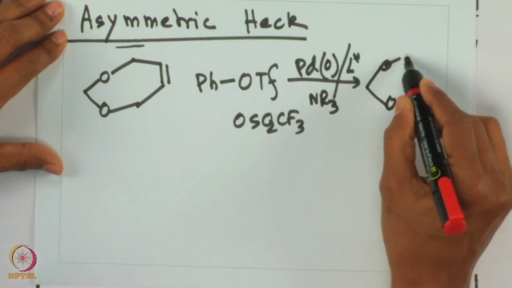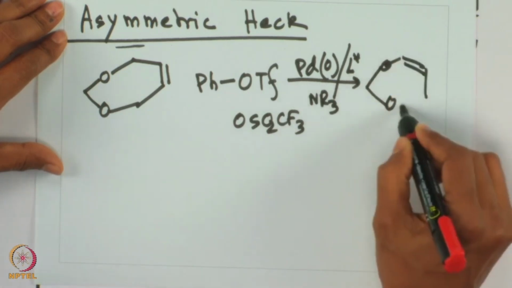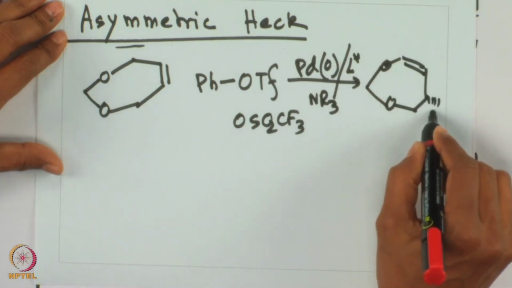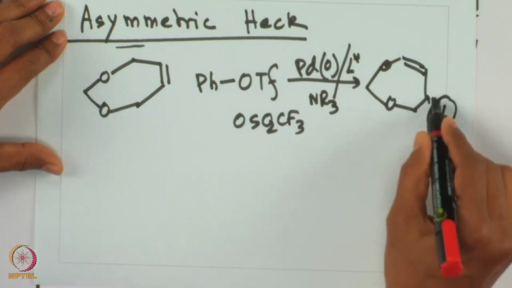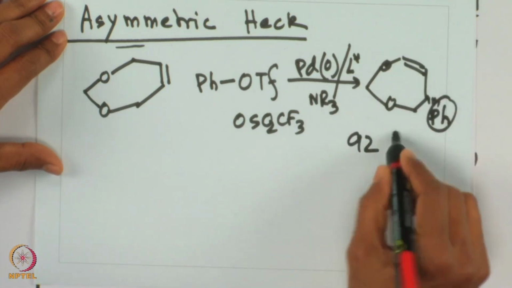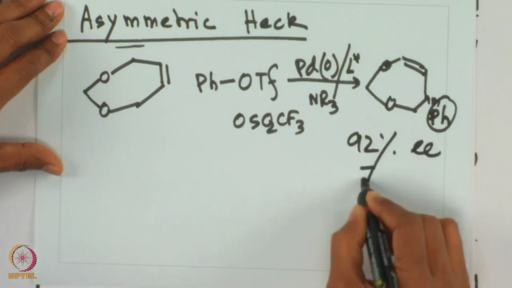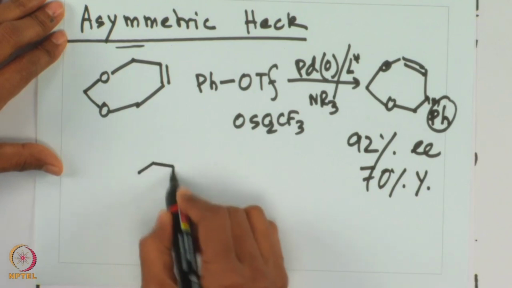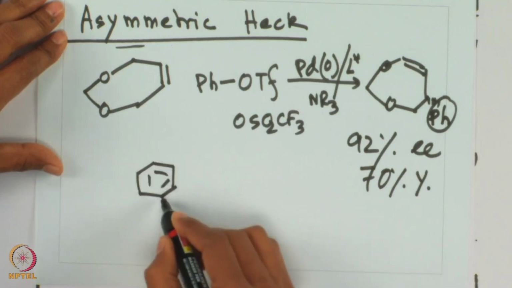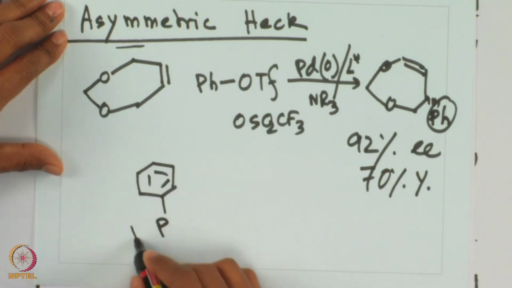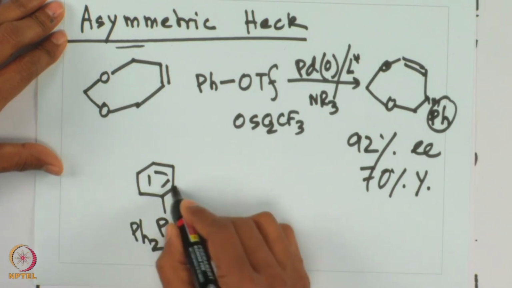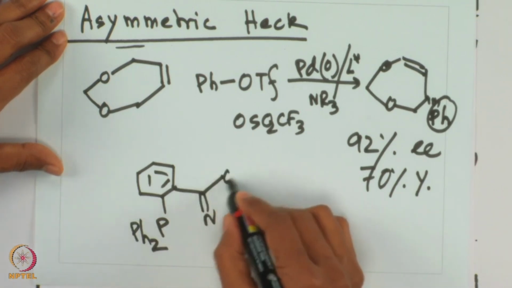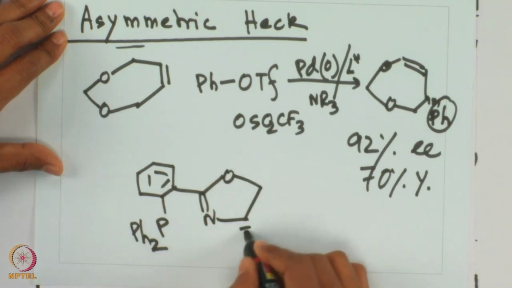This also gives you an idea that shifting of the double bond can be possible, and you have a phenyl group at this position below the plane. This is a 92% ee and 70% yield reaction, and the ligand that is required is the Pfalz ligand, popularly known as this oxazoline based phosphinamine ligand, which is quite easy to prepare.